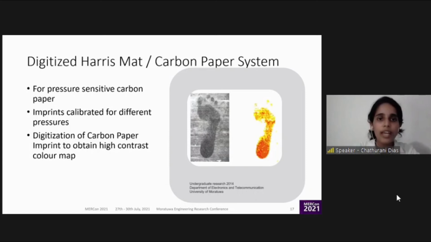In this one, we have calibrated the carbon paper intensities against the pressure values and digitized so that it's more visual, and also the quantified values are a bit more accurate than assessing it visually. This research started in 2024 in the Department of Electronics and Telecommunication in University of Moratuwa.